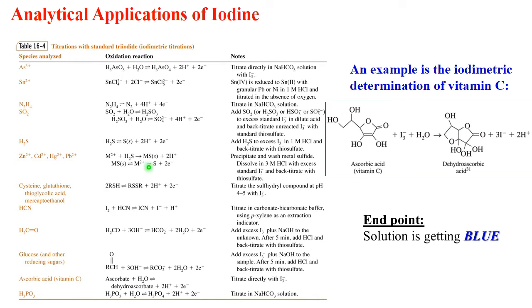So, practical analytical applications. When we are titrating with iodine, so iodine is in a burette, the endpoint is the solution getting blue from colorless. A very convenient classic example is titration of vitamin C, ascorbic acid, which reacts with iodine to make dehydroascorbic acid and iodide. When you are done with titration, you have a blue solution.